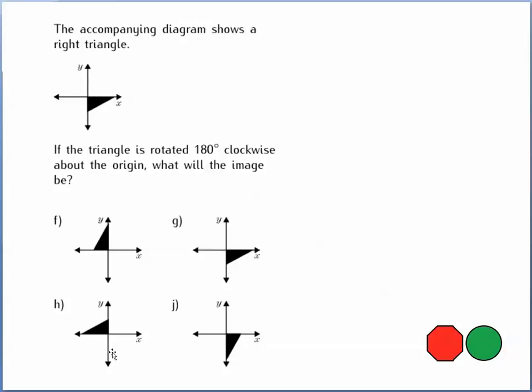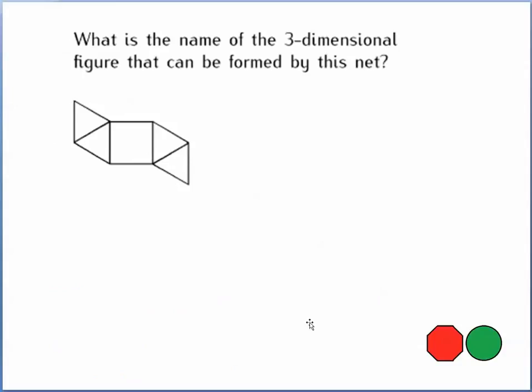This rotation right here is the correct answer. It is as if you have rotated it 180 degrees counterclockwise. But even if you rotated it clockwise, it would still look like this with 180 degrees. And this one right here is, let's see, that's not even a rotation either. So, all right. Click on the stop sign, see if you can solve this one.